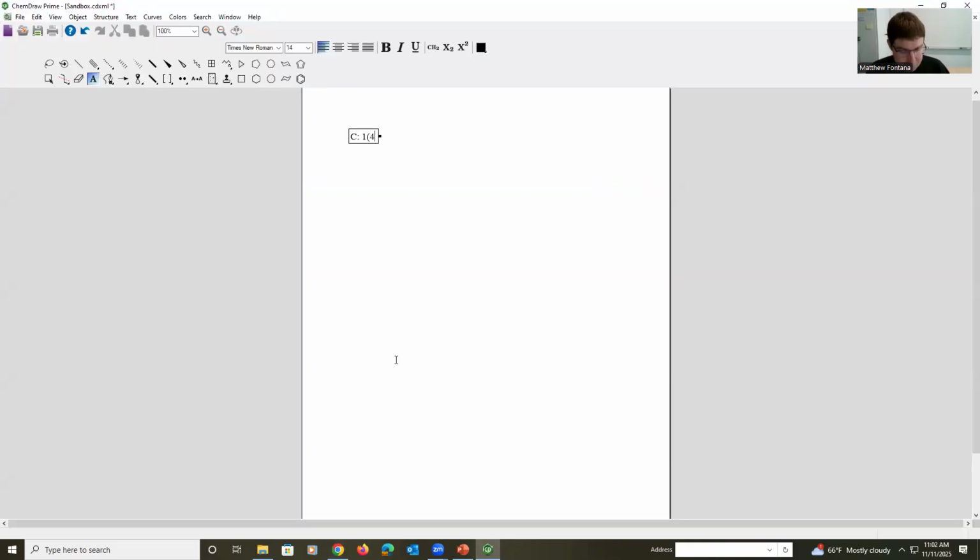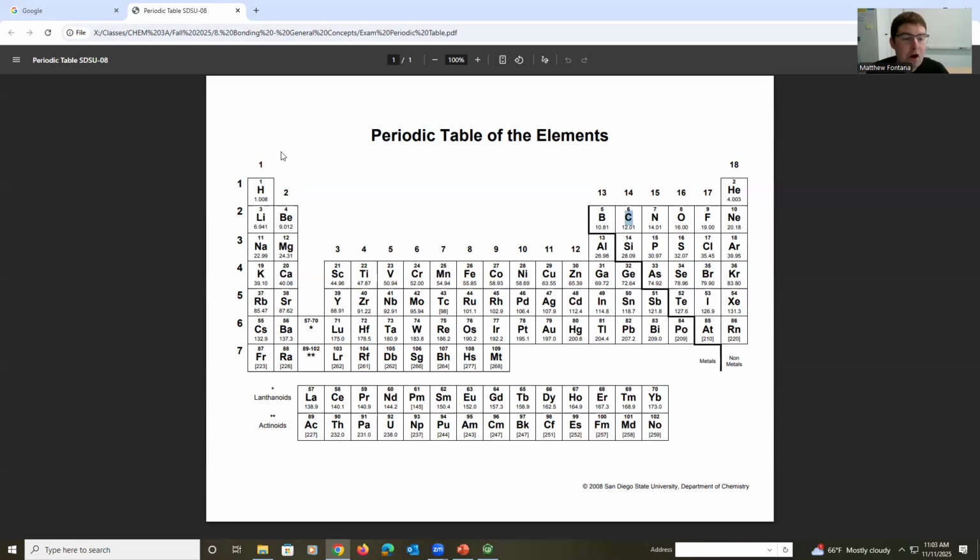So we have 1 carbon atom. It brings 4 electrons to the party. And so therefore we have a total of 4 valence electrons from carbon. Next, we move on to chlorine. We have 4 chlorine atoms. We know that each chlorine atom is going to bring to the party 1, 2, 3, 4, 5, 6, and 7.